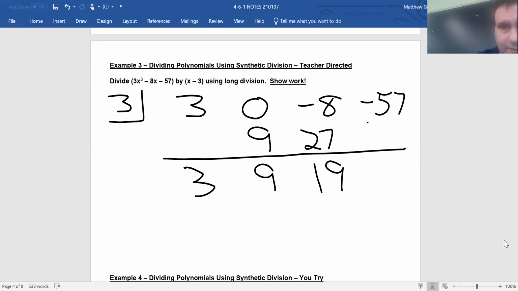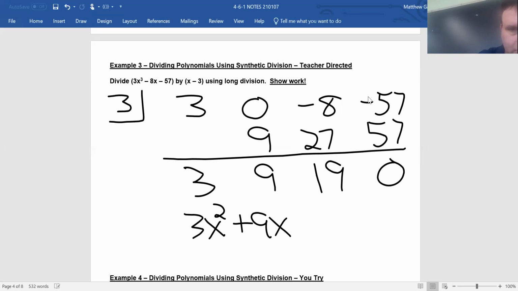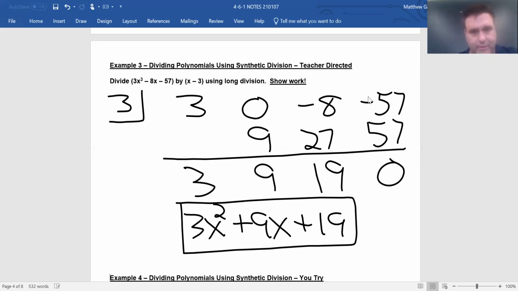Times 3 is 57. And you got 1x, so you would divide 3, 9, and 19 by 1. That's 3x squared plus 9x plus 19.